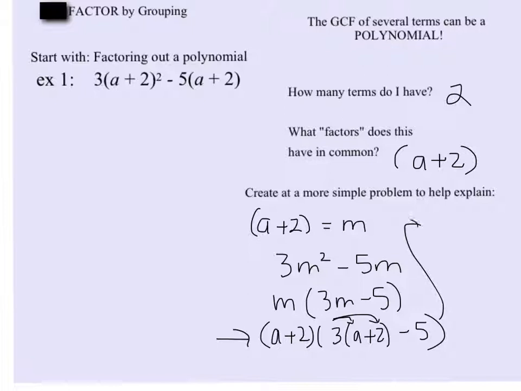So let's move up here. I have a plus 2 in that first group. 3 times a is 3a. 3 times 2 is 6, positive 6 minus 5. And so that leaves me with a plus 2 times 3a plus 1. And I can simplify that, and it looks like something that we're used to dealing with.